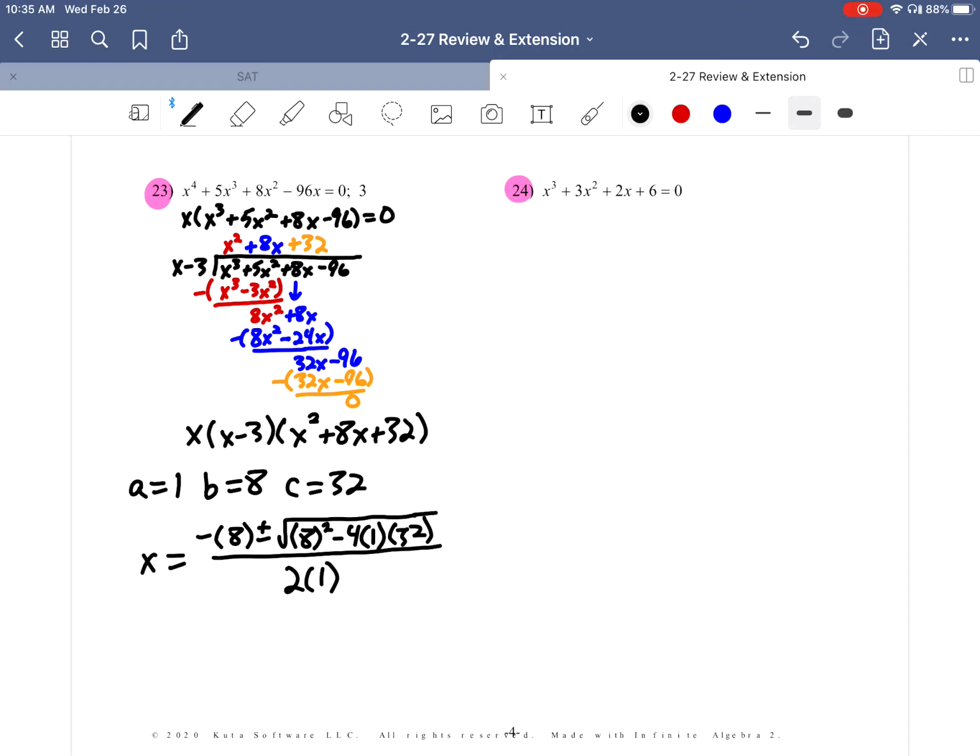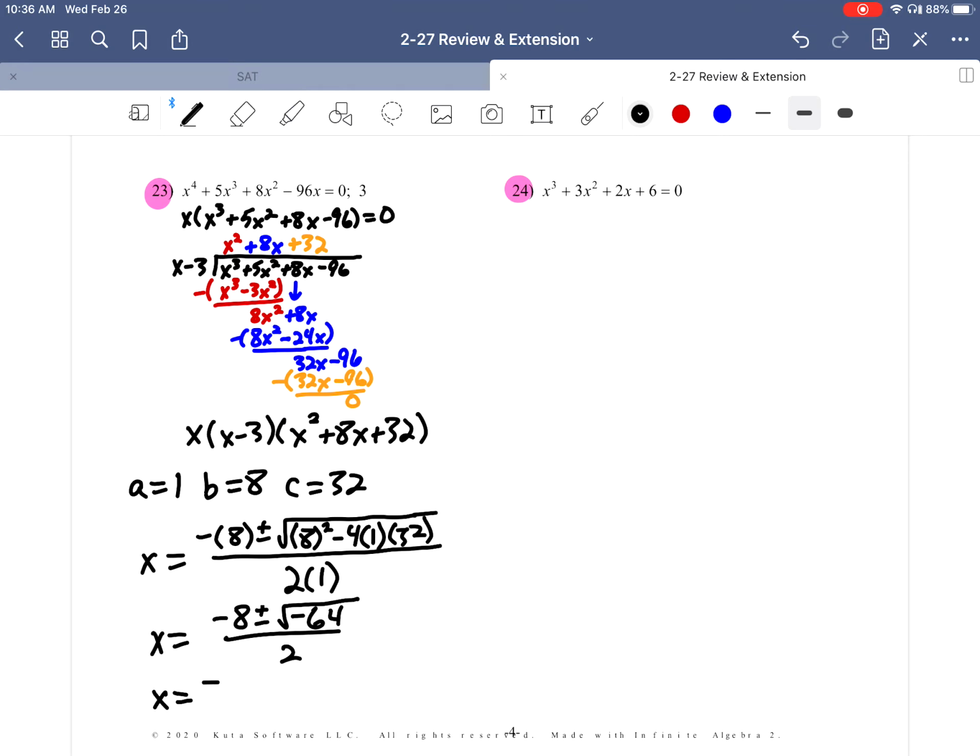And under that square root, I have 8 squared minus 4 times 1 times 32. And that turns out to be x is equal to negative 8 plus or minus the square root of negative 64 over 2. And at this point, this should look like a complex numbers problem from last unit.